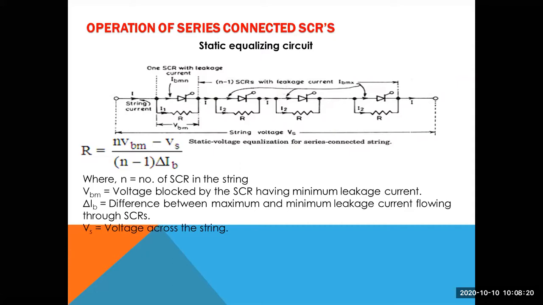To avoid that additional current, we should not select the exact optimum resistance value, (N VBM minus VS) by (N minus 1) delta IB. You should select slightly more than this optimum value, not a much bigger value. This avoids such problems in static equalization.